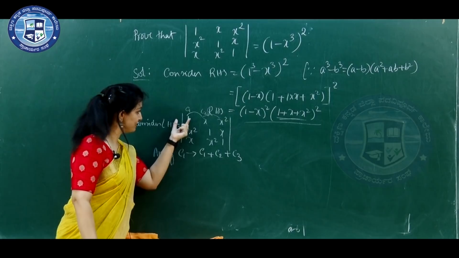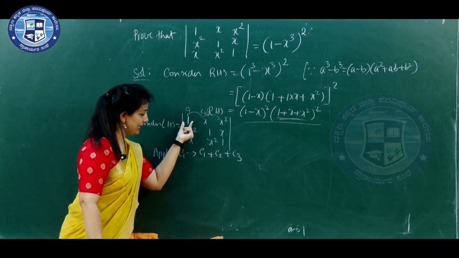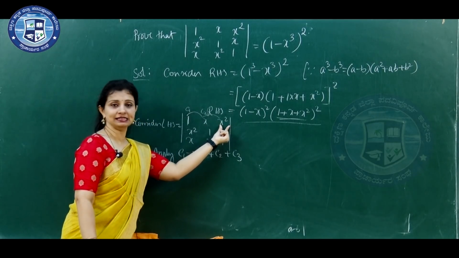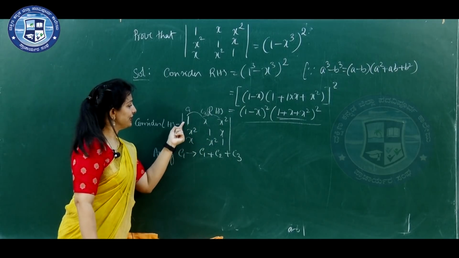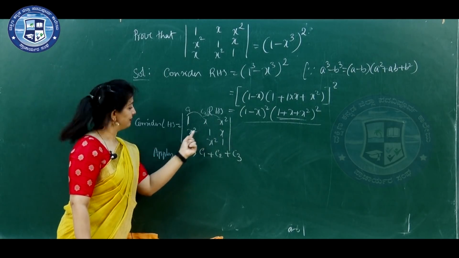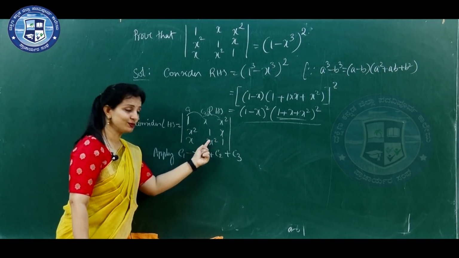That means we write the first column elements as the elements of the first column plus the second column element plus the third column element. So, the first column elements we can write as 1 plus x plus x square, then x square plus 1 plus x, then x plus x square plus 1.